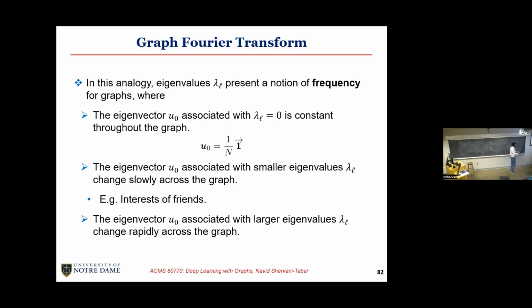But still, the ones that are close to each other are similar. So that's essentially a smooth function. It is varying slowly across the graph. Now, for eigenvectors u_l associated with higher eigenvalues, these eigenvectors should vary more rapidly from one node to the other across the graph.